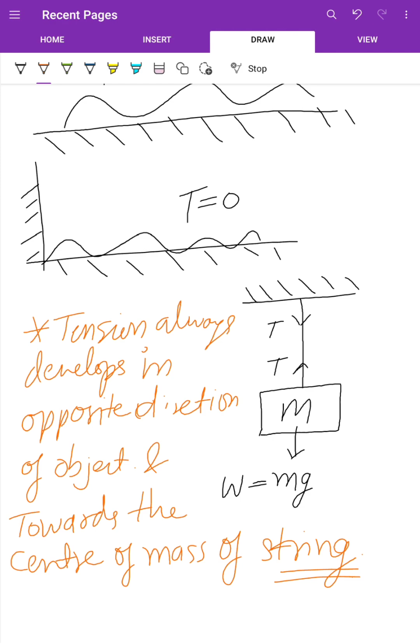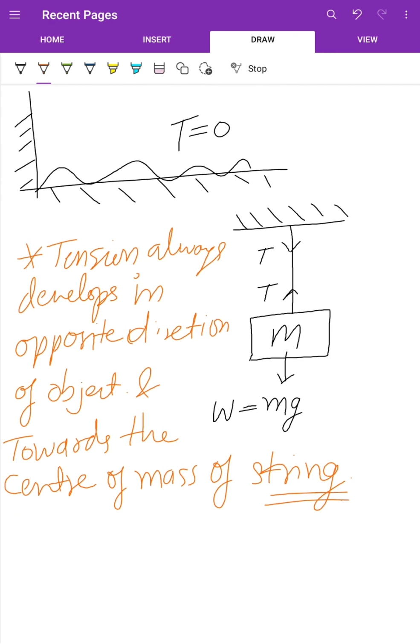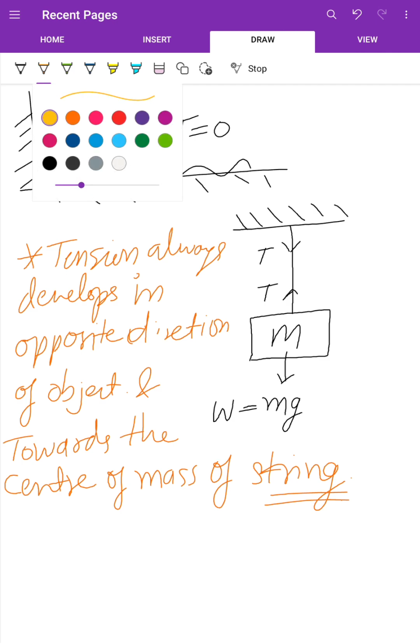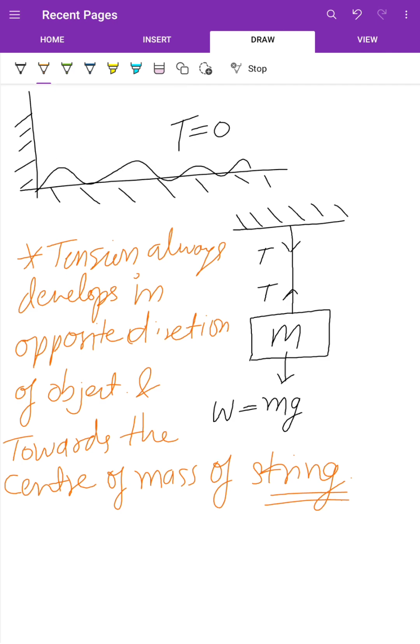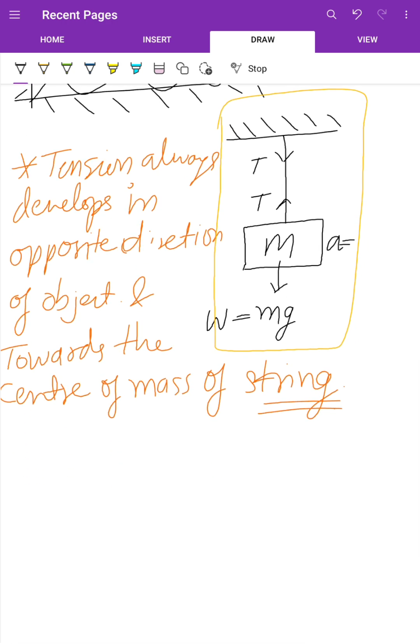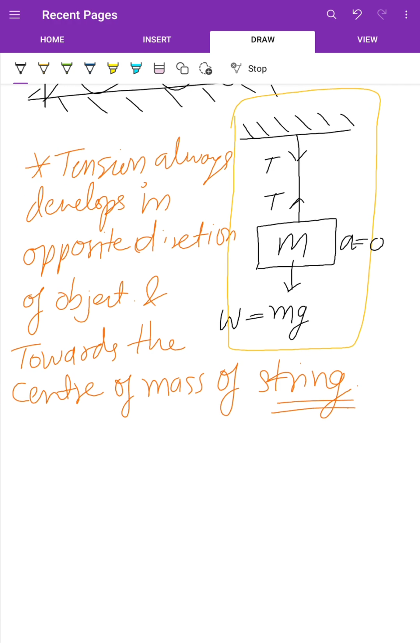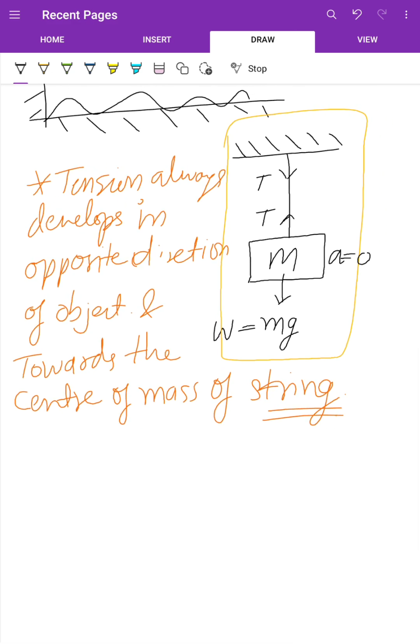Now let's see what will be the value of tension T in the example taken here. Here you see the mass m is stationary, or the acceleration of the mass is 0.